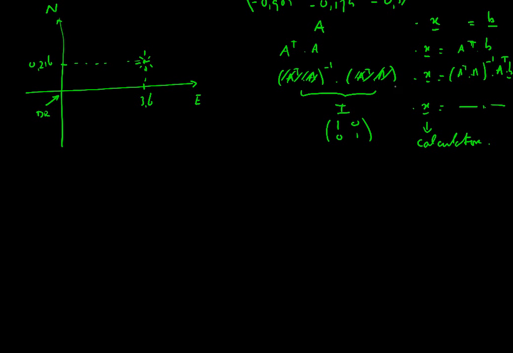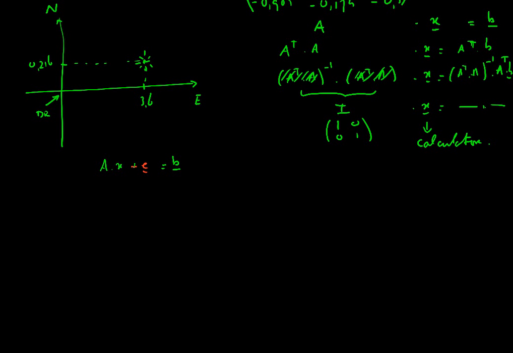So that is the position. I would like to know what's the error. If we look at the equation, which was somewhere here, you can also imagine that there's always an error involved.